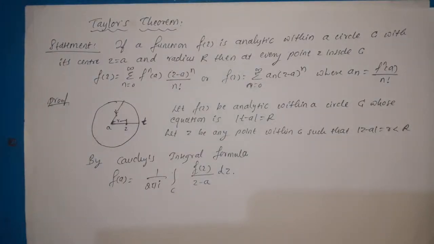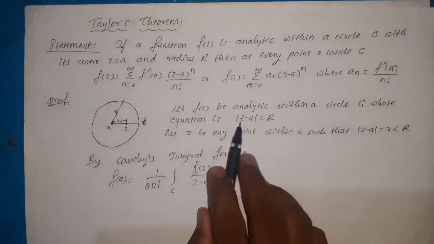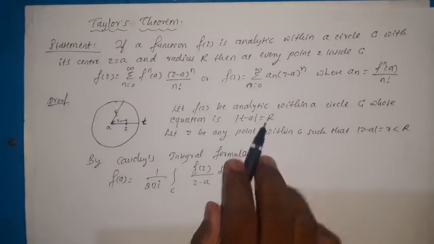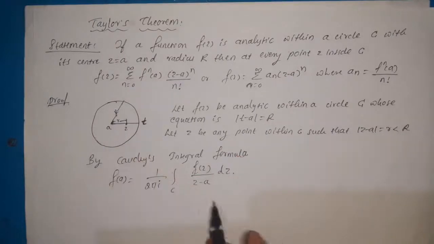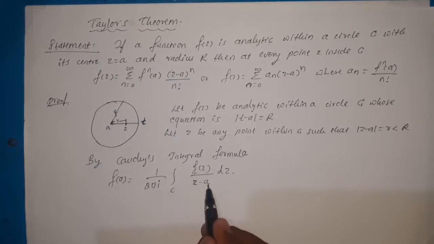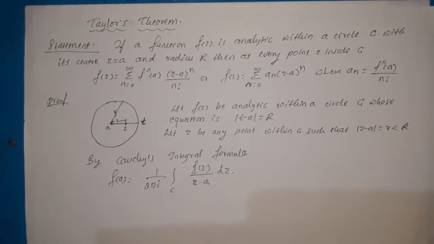This is the Cauchy's integral formula. Now we need to apply this formula for the given circle. Here the given circle is mod t minus a is equal to R and the point is z. Here t is the point on the circle C and z is the point inside the circle C.